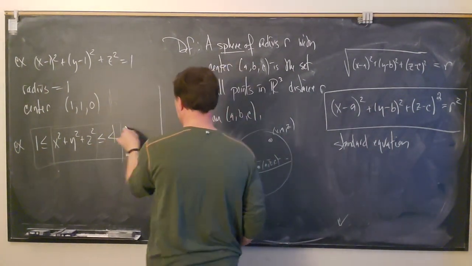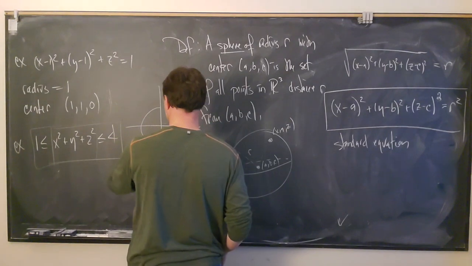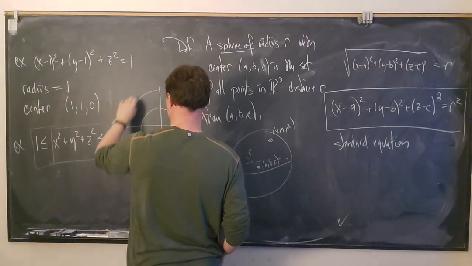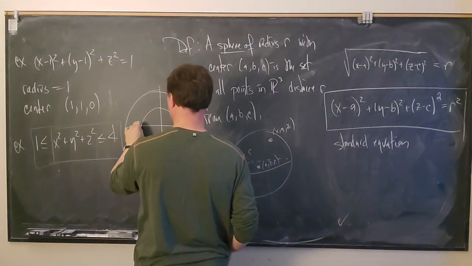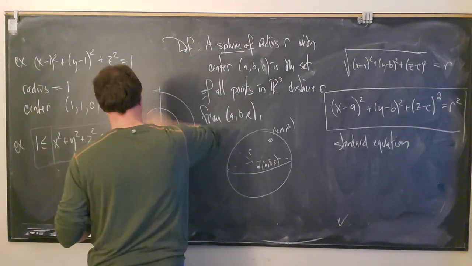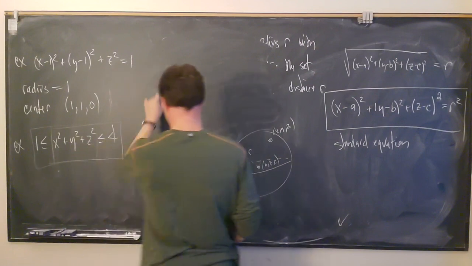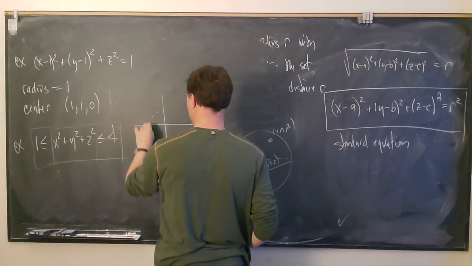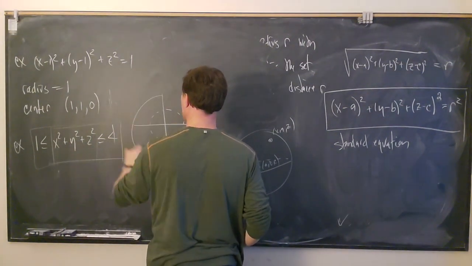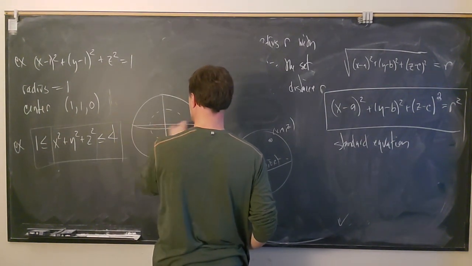So you can kind of draw a picture here. Let's see if I can do this. Oh, you know what? Let me do it with dotted lines here. So we've got sort of concentric spheres, the inner sphere, the outer sphere.